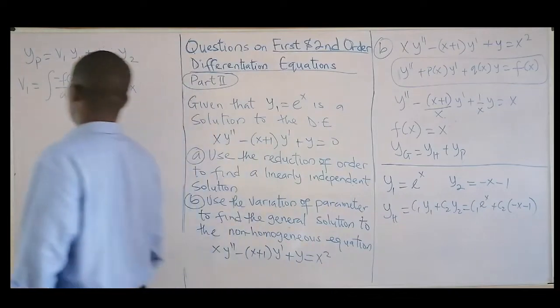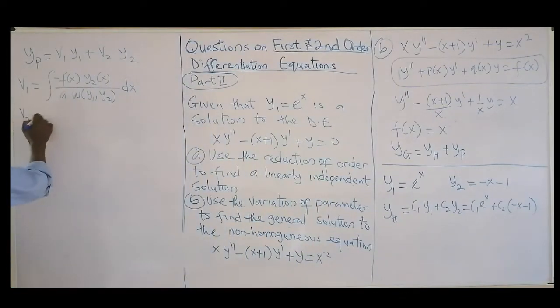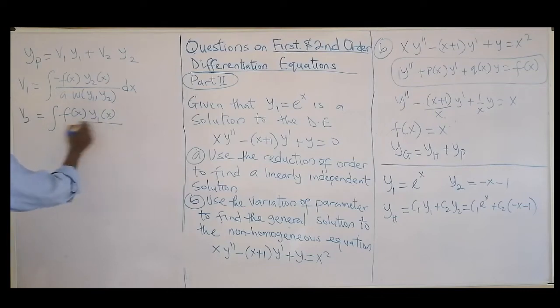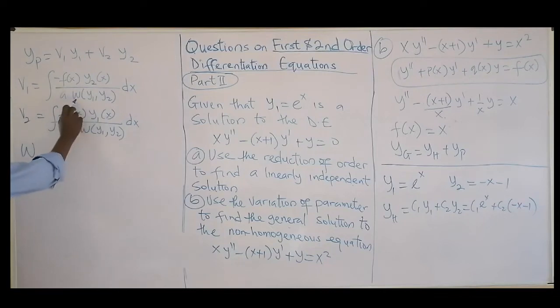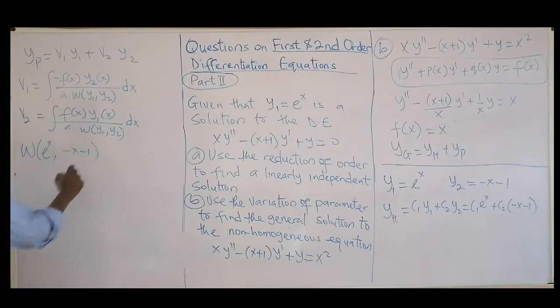Then v2 is equal to the integral of f(x) y1(x) all over a times the Wronskian of the linearly independent solutions. So what we need to do now is get the Wronskian. This W is the Wronskian function. We need to get the Wronskian of this solution, where y1 is this, and y2 is -x - 1.